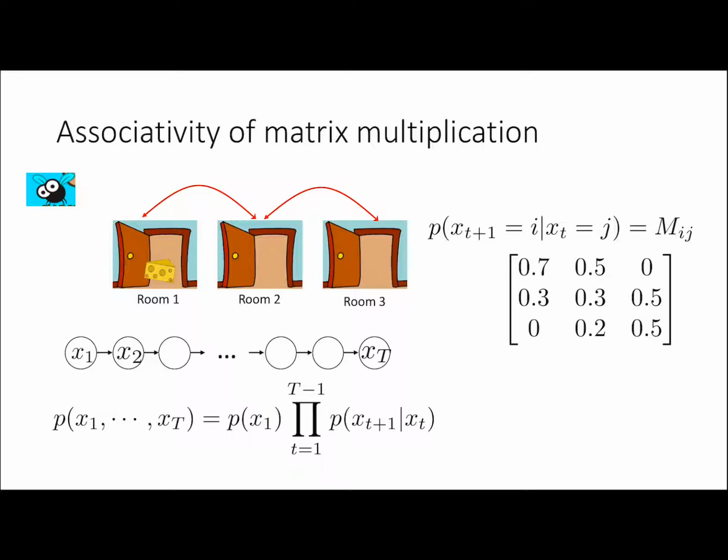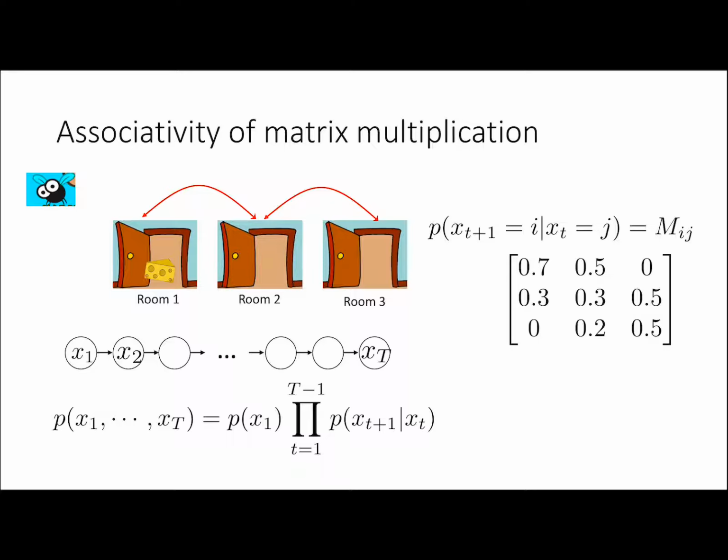By the way, what are the values of these random variables x1 to xt? 1 to 3, exactly. So the state is which room it is. The CPD of that, as I told you earlier, can be represented by a matrix. So the probability that the fly is in room i, given that it was in room j before, is this CPD. So the columns of that sum to 1.